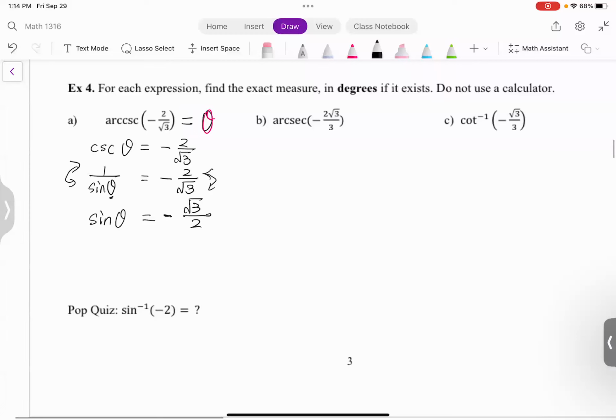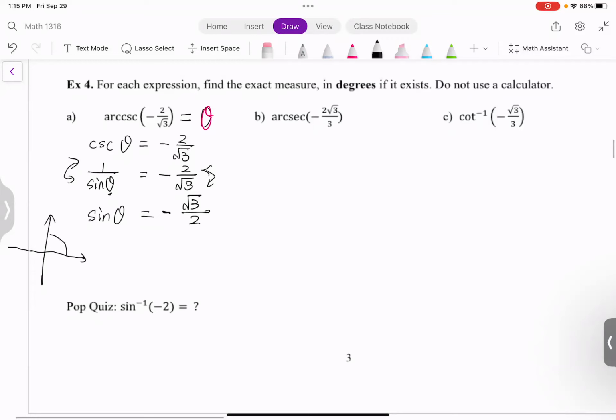So next step. Where is the theta, if we have the inverse function? In quadrant 1 and quadrant 4. Sine is negative. That means my theta is in the 4th quadrant. I'm rotating clockwise.